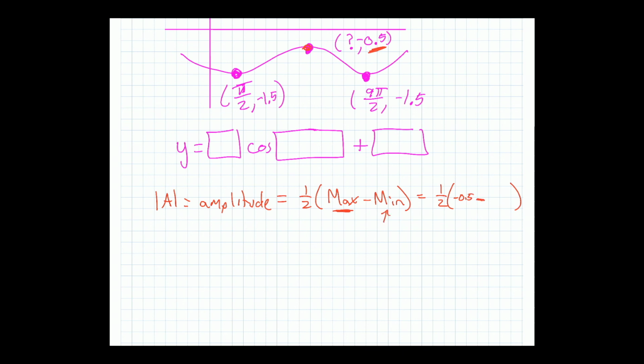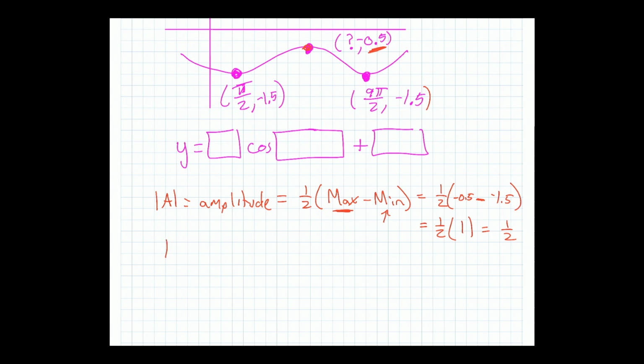And then minus the minimum y value. What's the minimum y value? Well, it's negative 1.5. So you have 1/2 times negative 0.5 minus negative 1.5. That's negative 0.5 plus 1.5, so that's a 1. So it's 1/2 times 1, and you get 1/2.